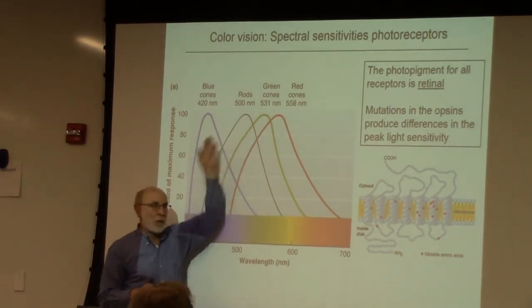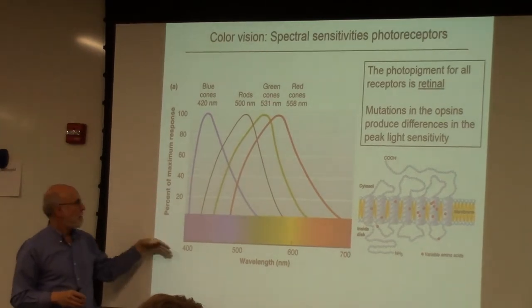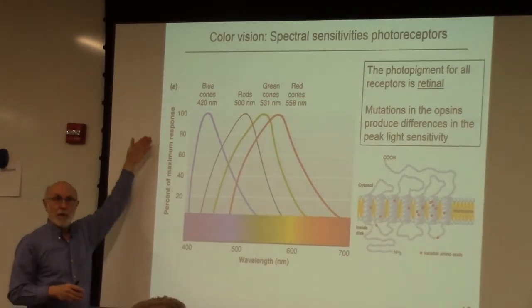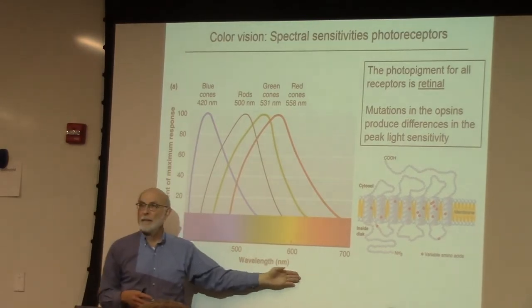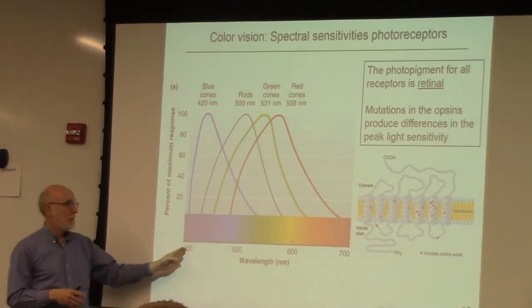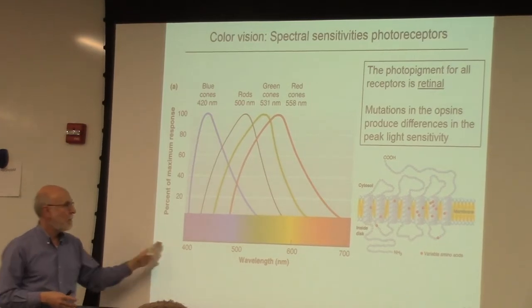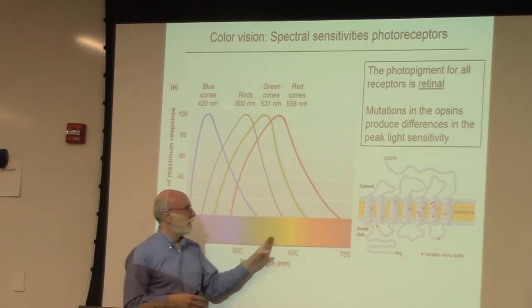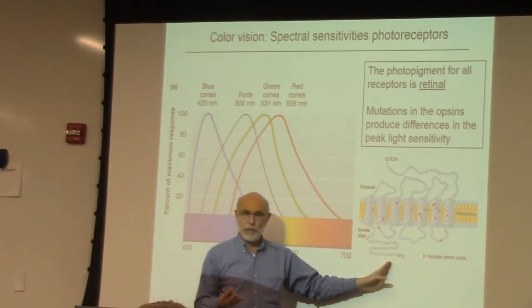Rhodopsin, so what we're calling here is the response as a percent of maximum, the response of the opsin as a function of the wavelength of light. Purple light, ultraviolet light that we're blind to down here, purple light, blue, green, yellow, the rainbow, red light, infrared light up here that we're blind to.